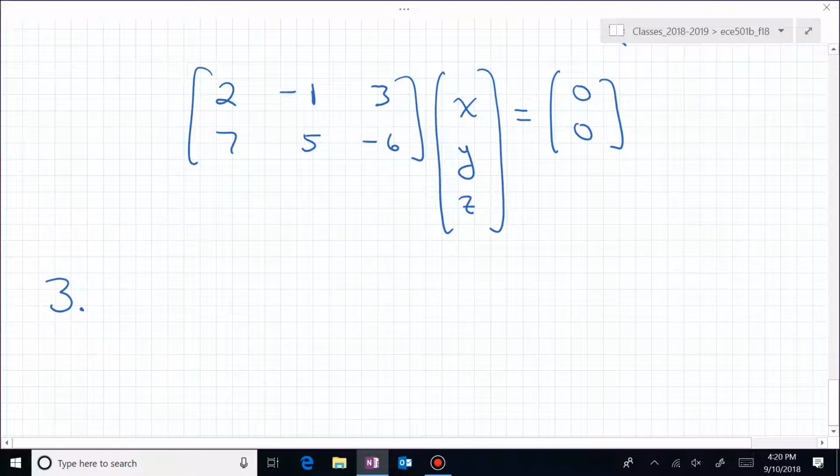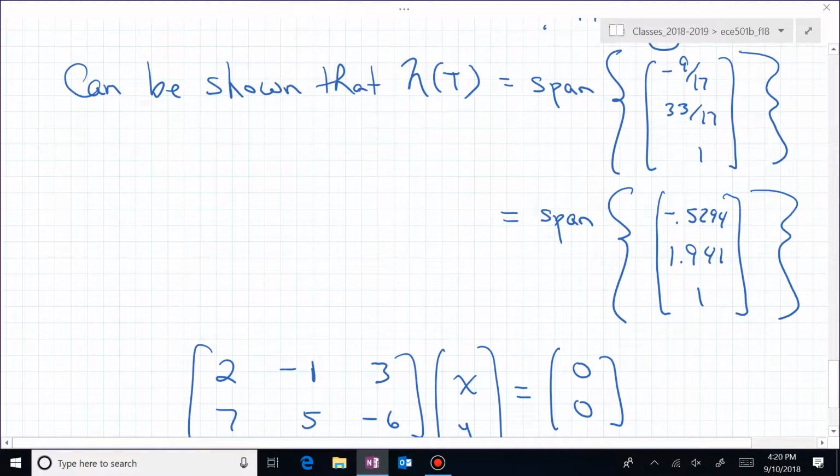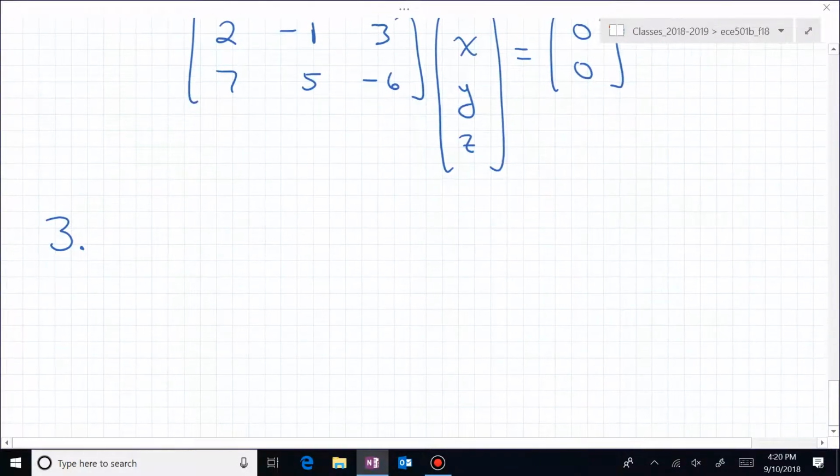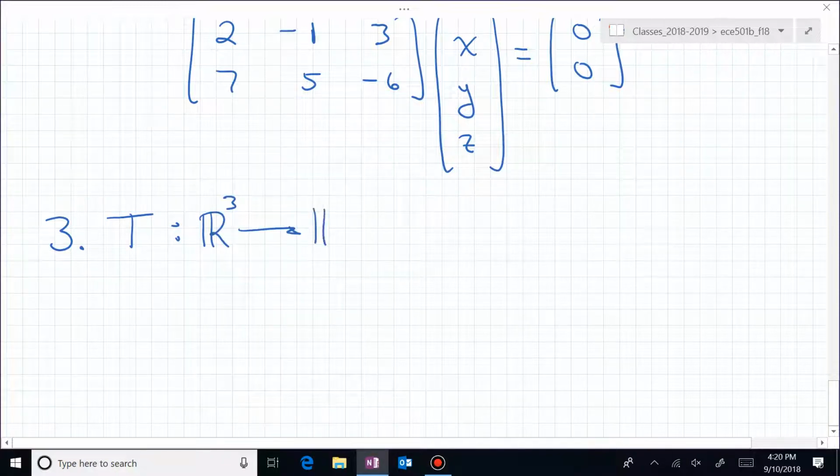What's another dimension-changing map that has a null space? So this null space was one dimensional. It's a line going through 3-space with this ratio of x, y, and z, that relationship. Another one, let's say T, such that R3 is taken to R5.